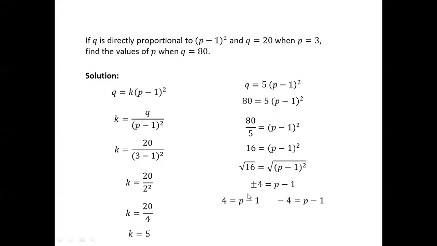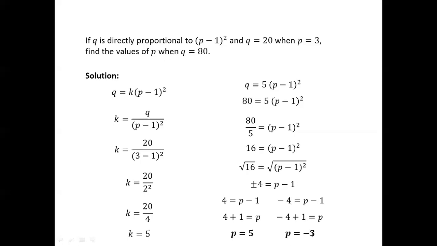For this equation over here, we transpose negative 1 to the other side, giving us 4 plus 1 is equal to p. We do the same thing for this second equation. Negative 1 transposed to the other side becomes positive 1. 4 plus 1 is 5.